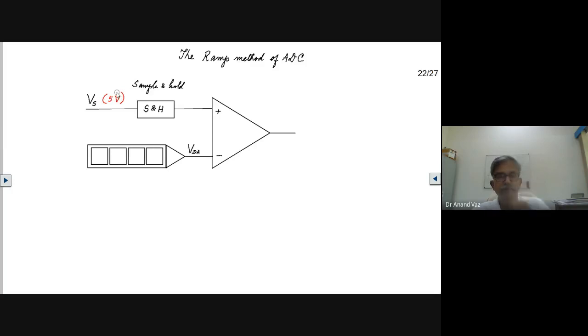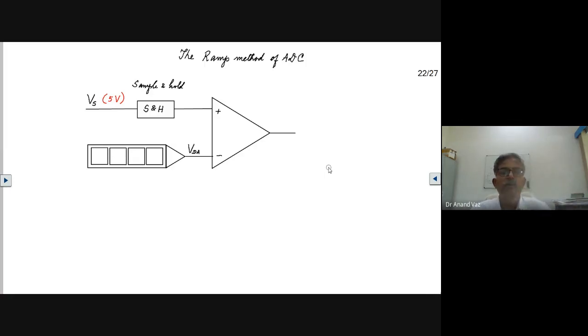Naturally, how are we going to represent 5 volts in this? It will be 0 1 0 1. When 0 1 0 1 is sent through this, both of these will be the same. But now, how are you going to achieve it?